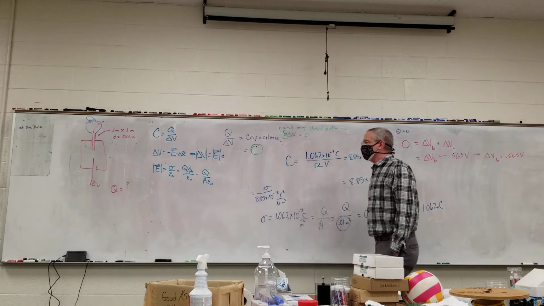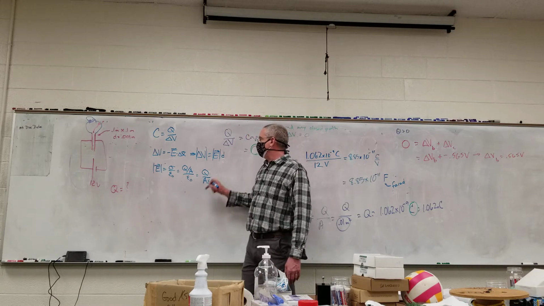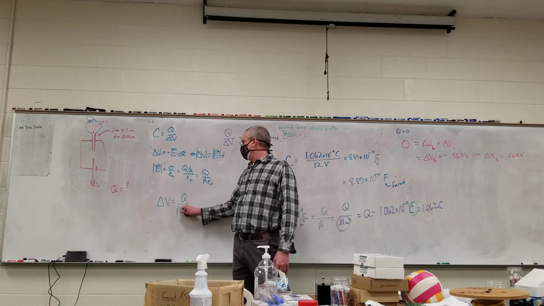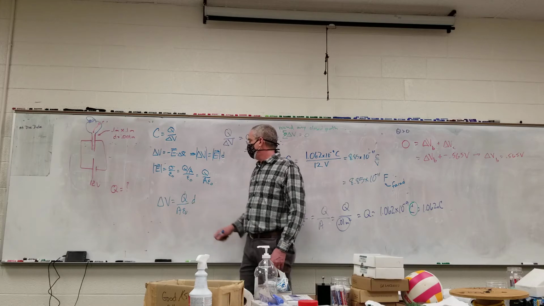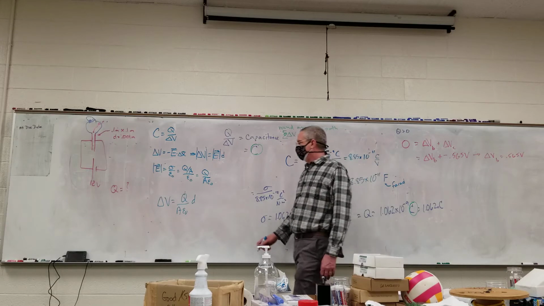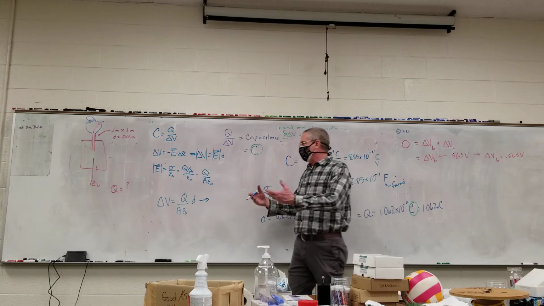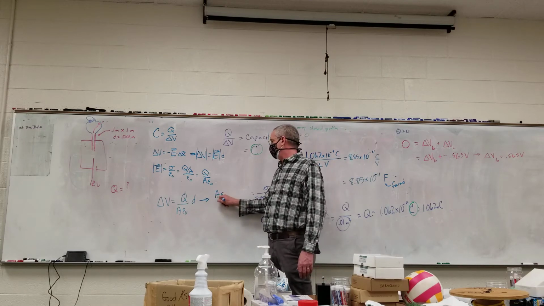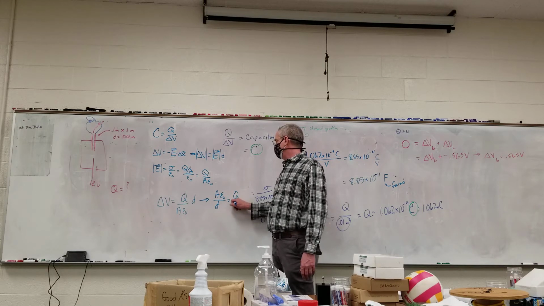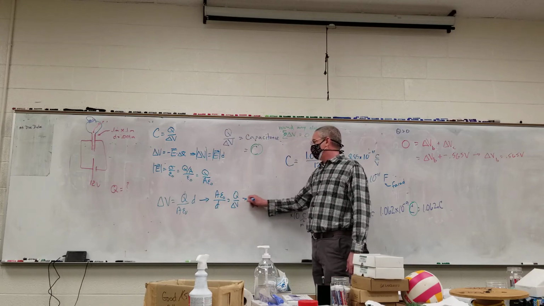So let's sort of combine some of these equations. My electric field is equal to this, so I can plug it into my second equation there. So my voltage is going to be equal to Q over A epsilon sub naught times D. Rearranging this equation, I'm bringing delta V to the denominator on the right and moving everything but Q over to the left, so I get A epsilon sub naught over D is equal to Q over delta V, which is equal to my capacitance.